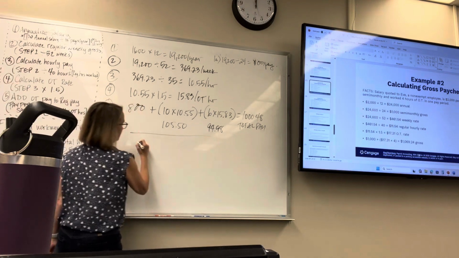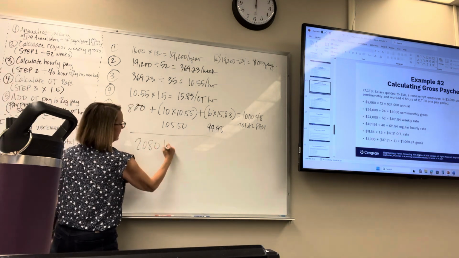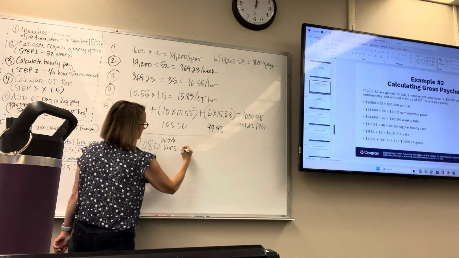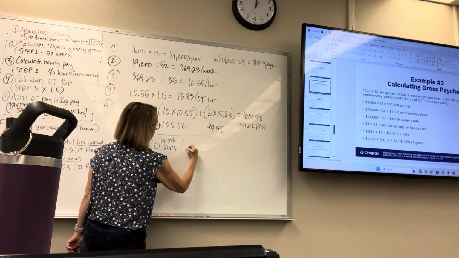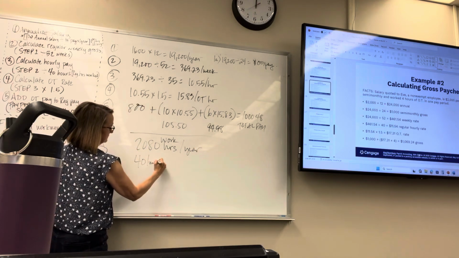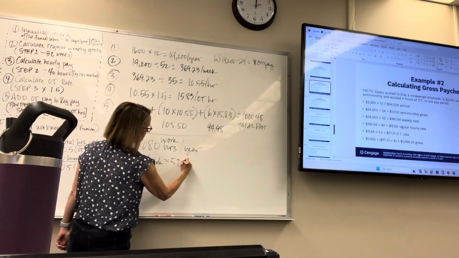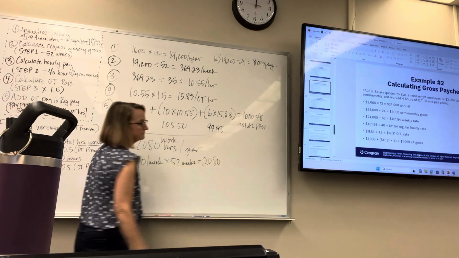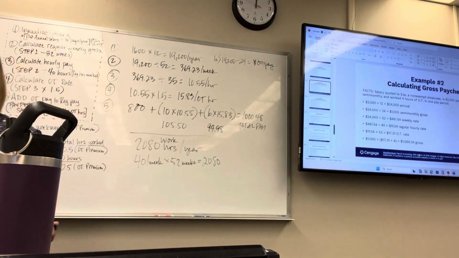Because there are 2,080 work hours per year. If you take 40 per week times 52 weeks, you get 2,080, for somebody who works 40 hours. Now, obviously, if they're working 35 hours, it's not going to be the 2,080.